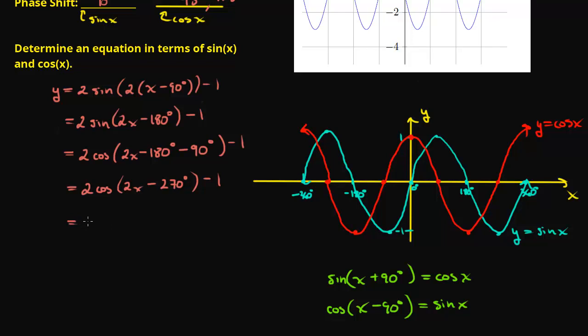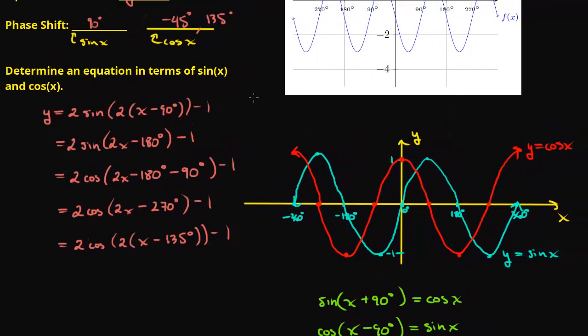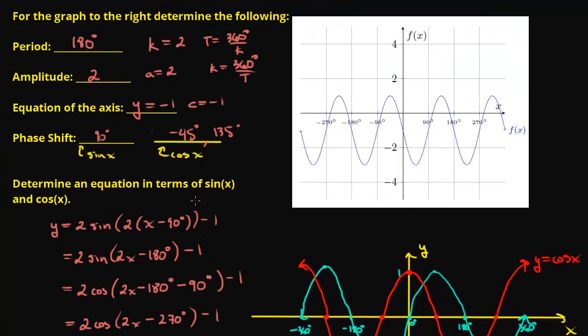In order to figure out what the phase shift of cosine of x is, I could just factor out this factor of 2 here, and I would get 2 cosine of 2 times x minus, let's see, 270 divided by 2 is 135. So 135 degrees, minus 1. You can see here that this matches the information that I had come up with before, where I said that the phase shift for cosine of x would be either negative 45 degrees or 135 degrees.